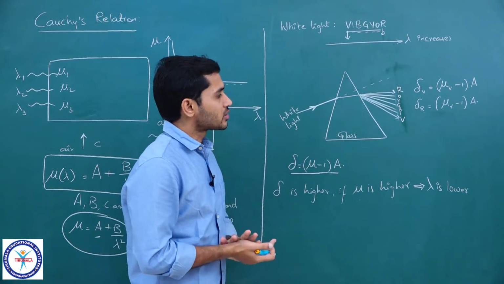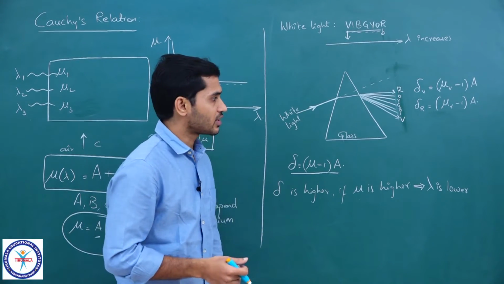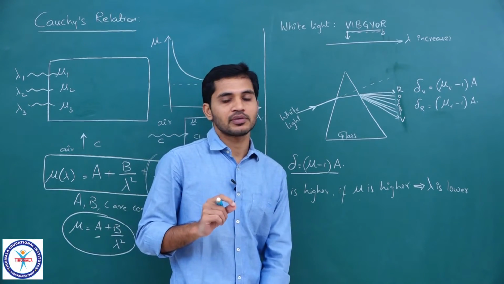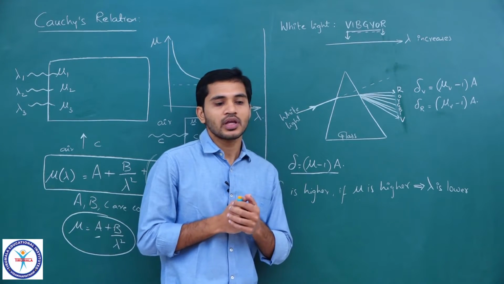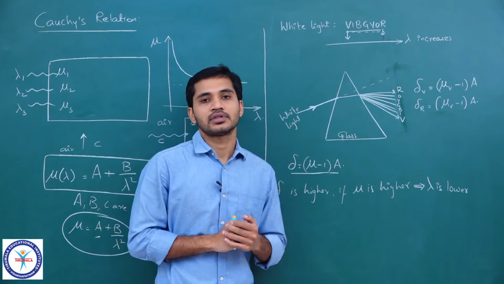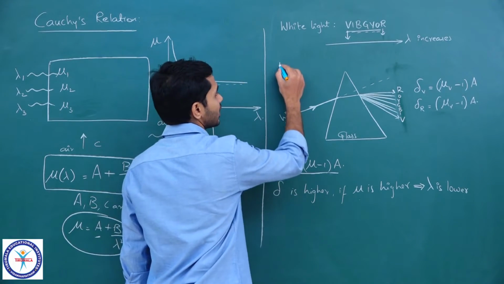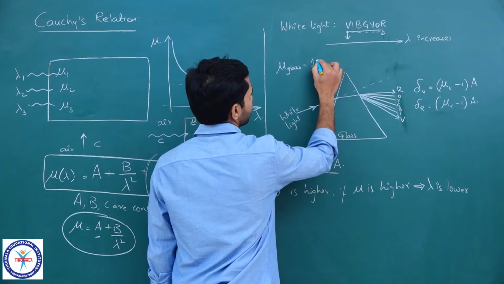Now that we have understood that different colors of light will have different refractive indices, although the difference is not very much, there will definitely be a difference. See, for example, earlier throughout the discussion, we have understood that the refractive index of glass is 1.5.